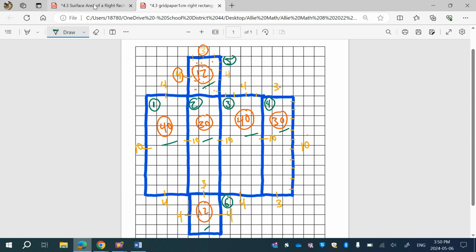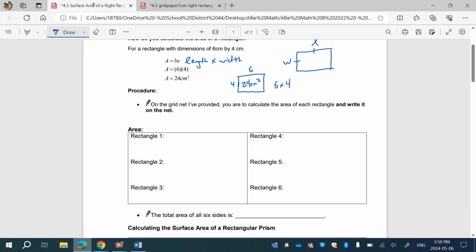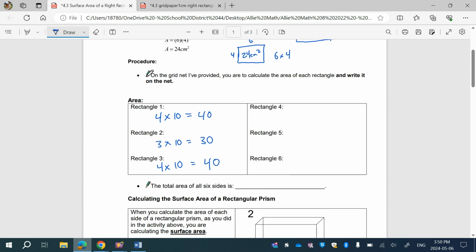Let's go over here. So for that one, let's do 4 times 10 equals 40. Then 3 times 10 equals 30. And then we did another 4 times 10 equals 40. That's for rectangles 1, 2, and 3. Let me check.